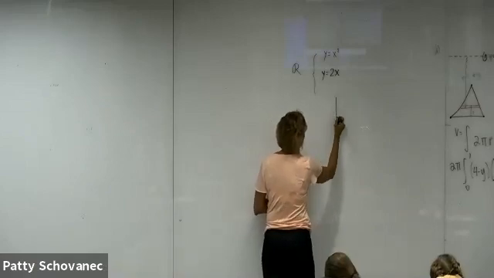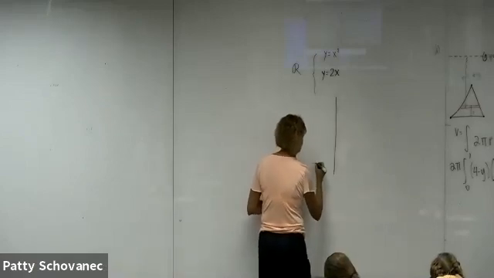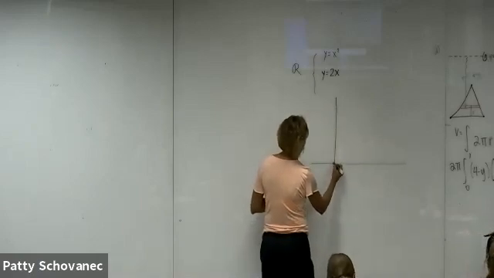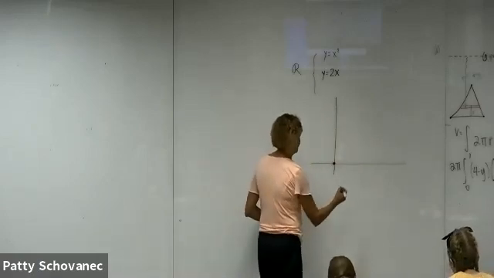Real big picture. Where do they intersect? 0, 0, the easy one, and 1, 2, 4.